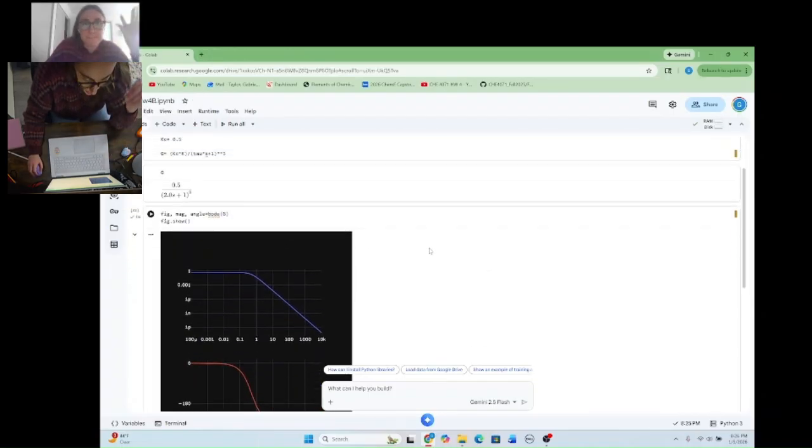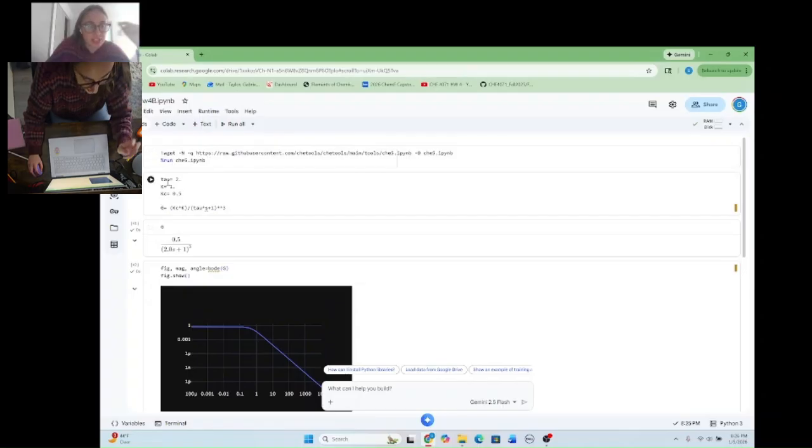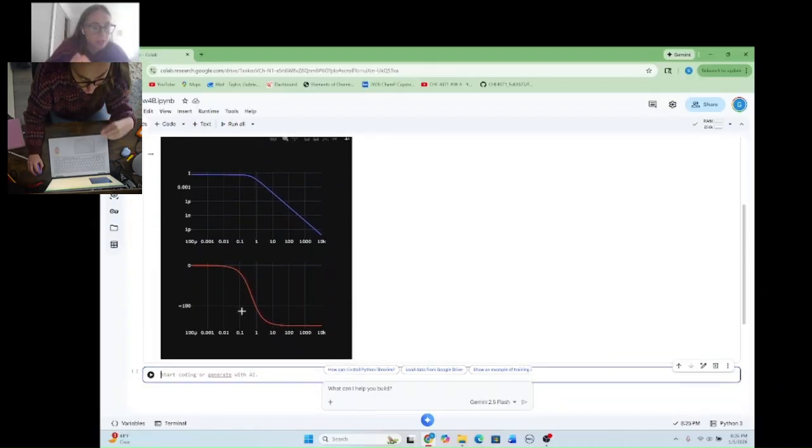Okay, so I did fix something. I changed tau from 1 to 2, and I think this gives us a better result from what I practiced. So our phase angle of negative 180 gives us our crossover frequency, which is 0.87.